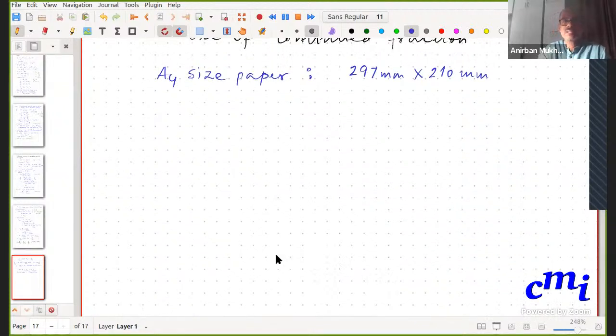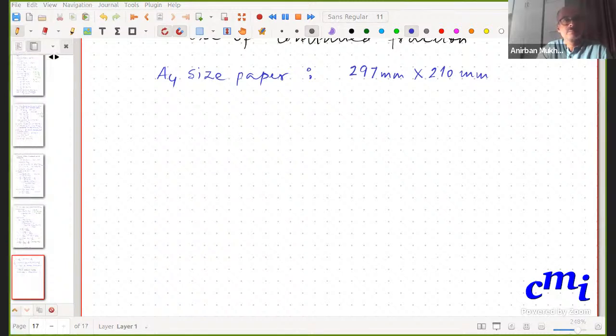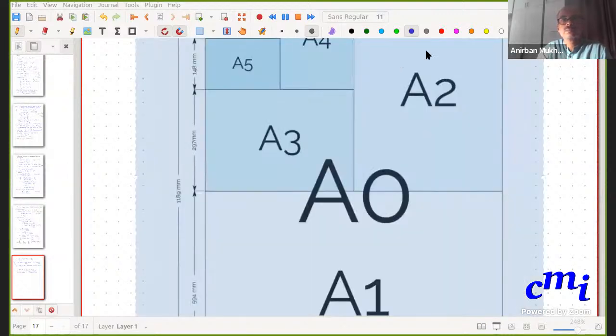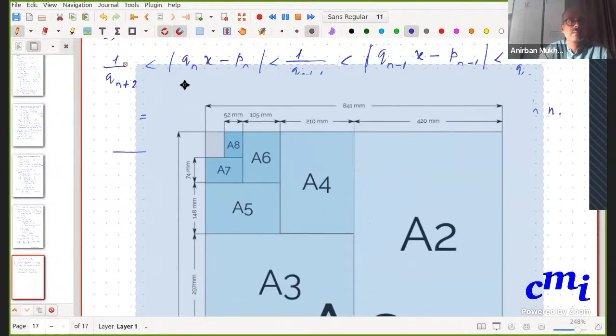I'll just get a picture. Just one second. I have to get a picture. Oh, it's just become very big. Scale it. One second.